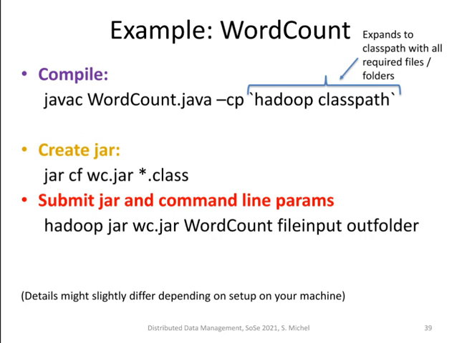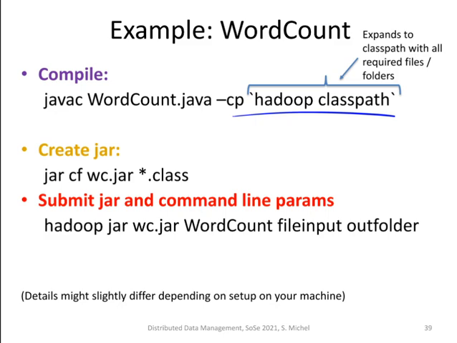So a simple example here, you're compiling the word count example. Here you have to give the class path of all the required libraries that ship with Hadoop, so that the API is known to the Java compiler.